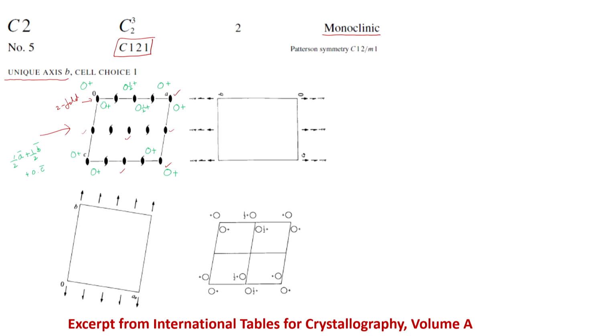So, you will have motifs drawn out here. Essentially, what I have drawn here is identical to what is already present in this fourth diagram, where only the motifs are shown.